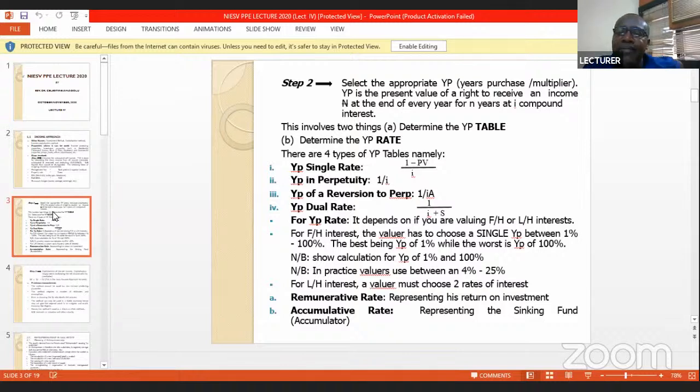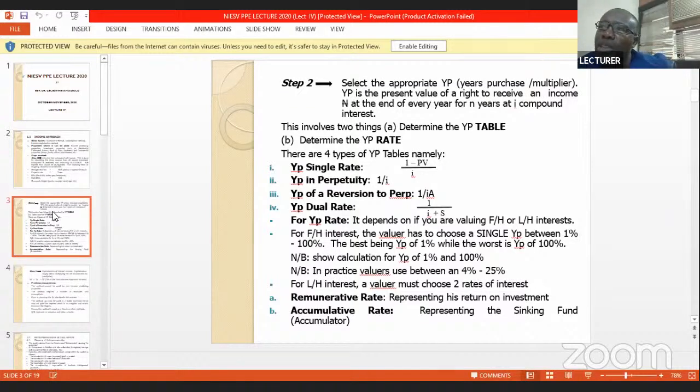Which one is more certain? Many people will go for 100,000 naira now because the value of 150,000 in December may not even be up to 100,000 naira now. Secondly, there is uncertainty. I'm not even sure that I will be alive till December to collect the 150,000 naira. So let me collect the one that I can see now. That is present value of 1 naira.